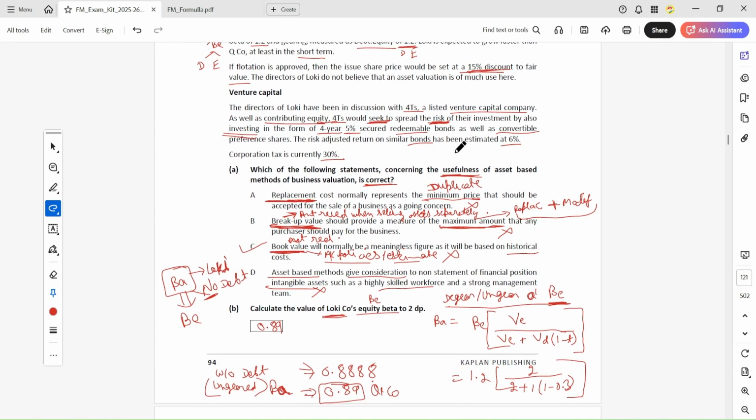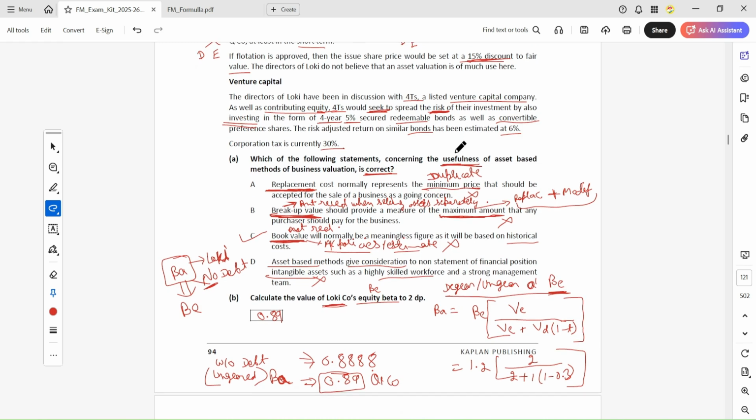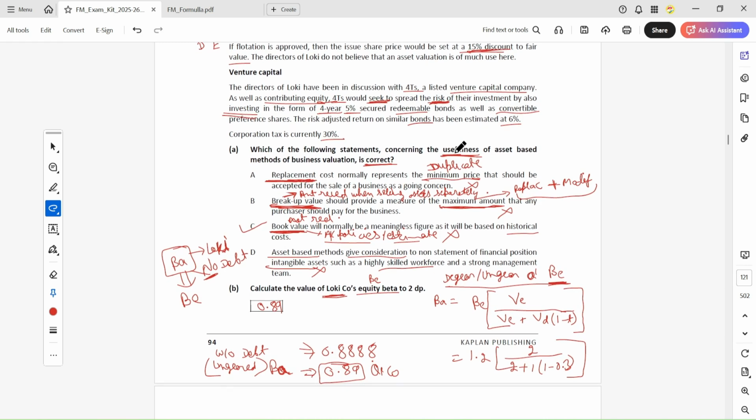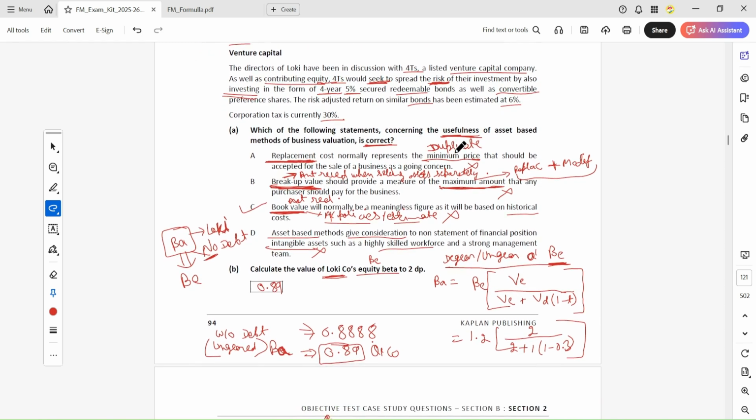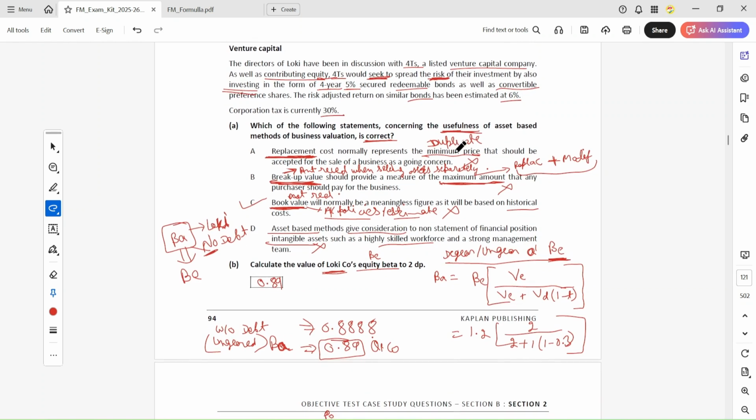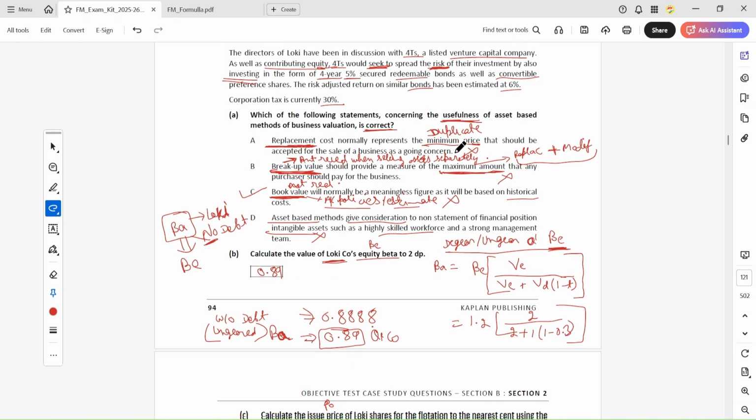Okay, so you have the option to convert it into preference share. The redeemable bond as well as the convertible preference share are separate.